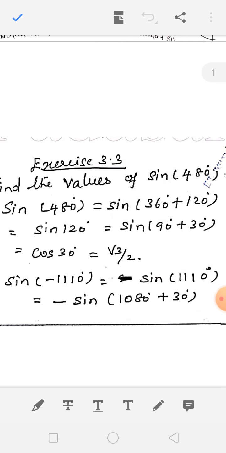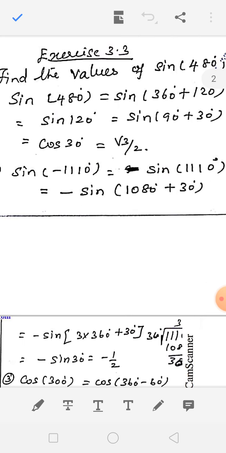Now 1110 degree is more than 180 degree, so we can use 360 degree. But I can't use 360 degree plus something, as it is again more than 360 degree. So I can write 1110 degree as 3 into 360 degree.